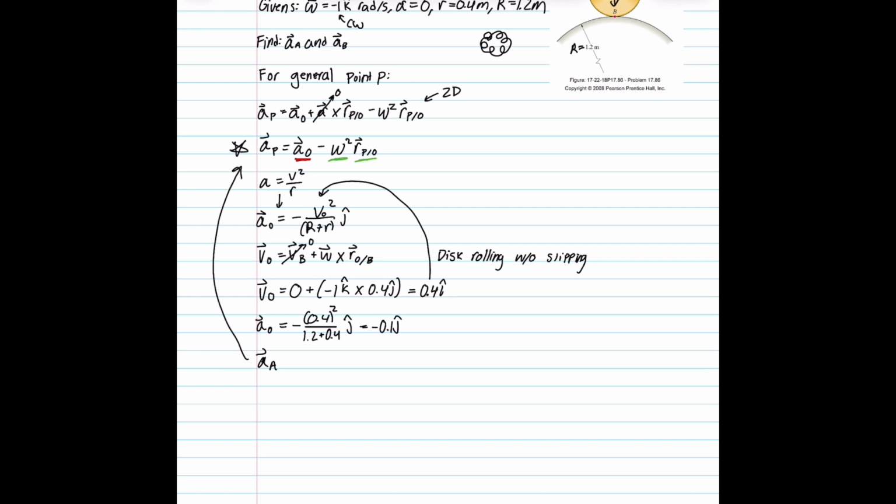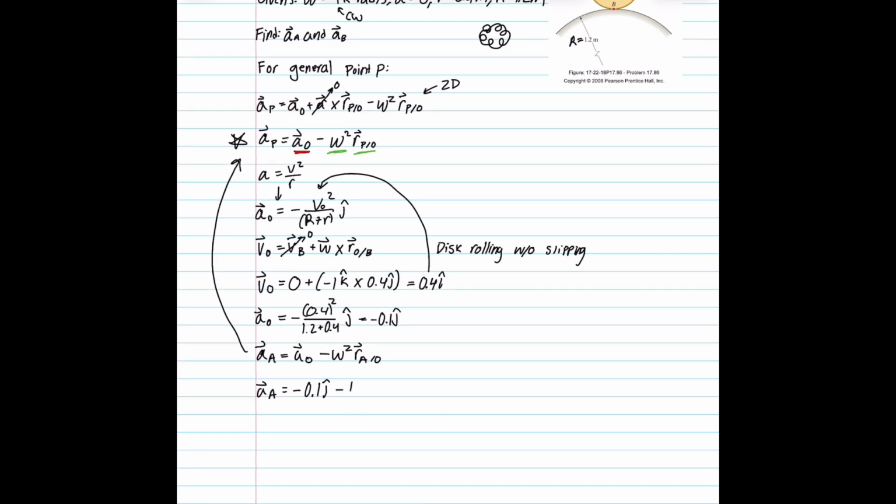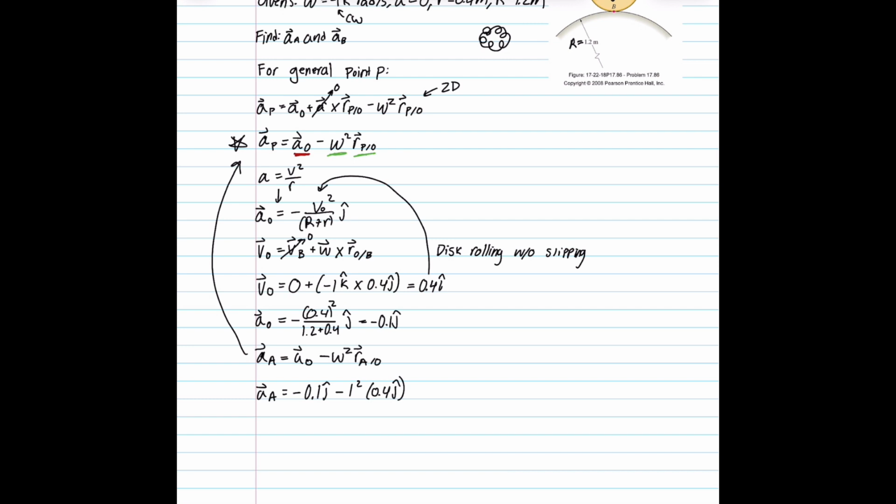So let's replace P with point A. Perfect. Okay, so now we can solve for the acceleration of point A to be negative 0.1 j hat minus negative 1 squared, so that would just be 1, minus 1 times the position vector.